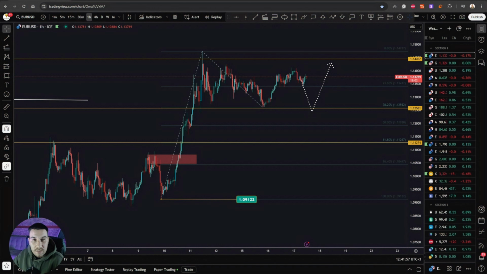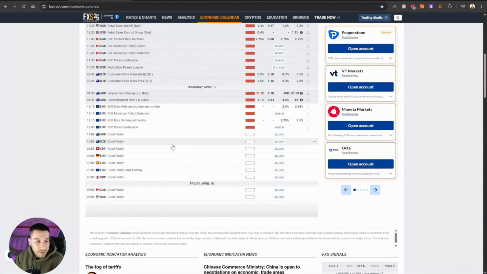So why did I decide to close those trades? Well, like I said, those trades were on Euro Aussie. Now, if we have a look at the economic calendar, it is Thursday today, and in about half an hour we've got high impact news from the European Central Bank. So I don't really want to hold my trades during high impact news, especially for the euro.